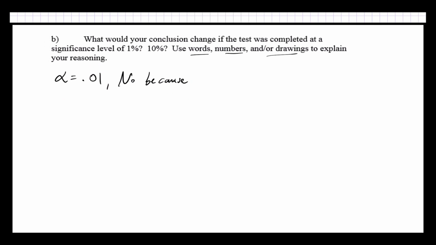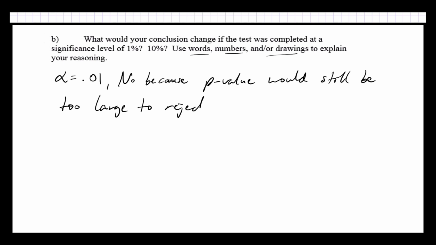Why would we say no? I agree. We would say no. We would still fail to reject. Why would we fail to reject? Exactly, because the p-value would still be too large to reject the null hypothesis.